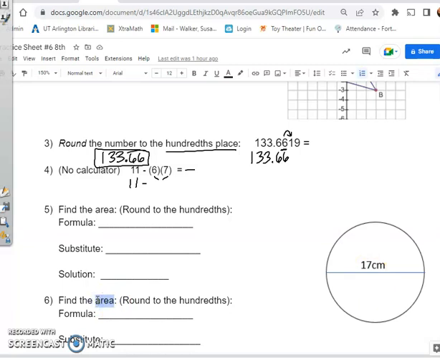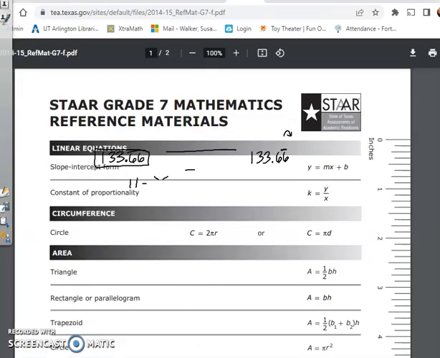So I'm going to change that. And look, magically it changed. Okay. So area of a circle, area, circle, right here. A equals pi r squared.